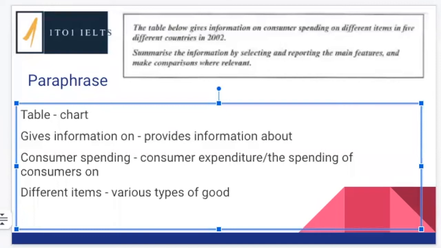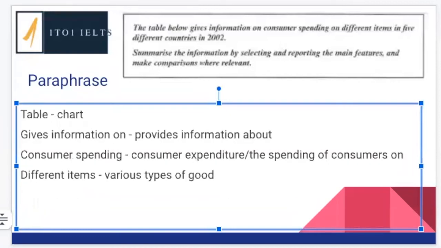Yeah, really, that also works. So I'm going to try and keep this as quick as possible so we can actually get on to looking at overviews and detailed paragraphs. So yeah, there's some good ideas that you guys have got. So yeah, different goods, different products. So fine. In 5 different countries.